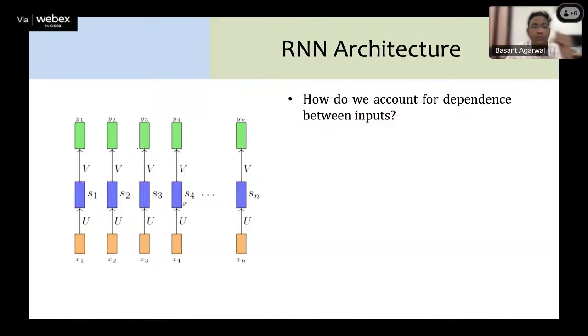Now the next point is very important, which we have already been talking about. What we want is that the information from the previous inputs should also be considered when I give a current input to the network and predict the output. So how can we take care of the dependence between different inputs?